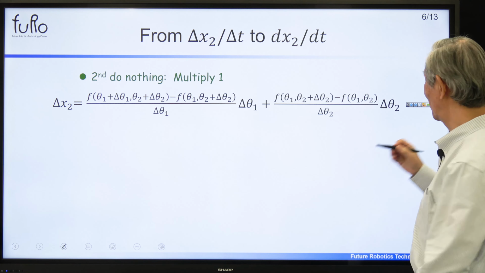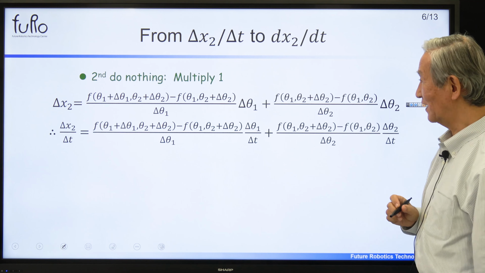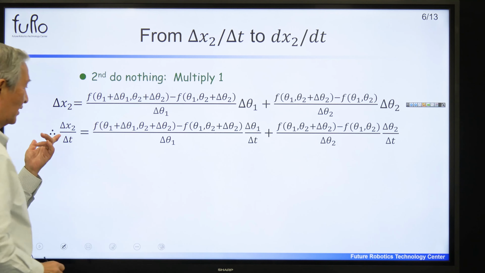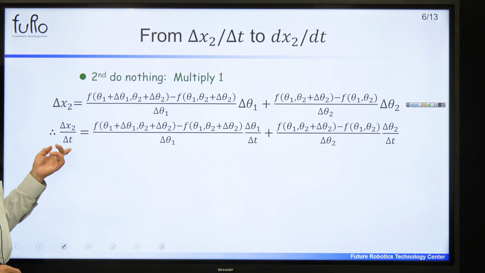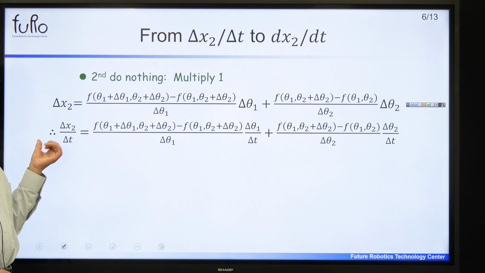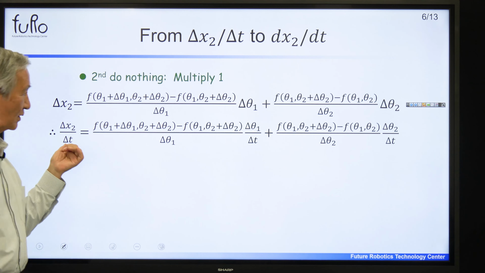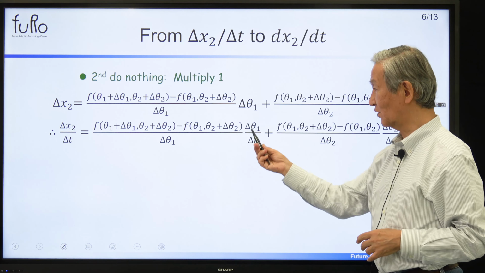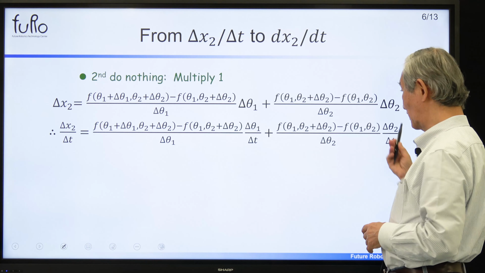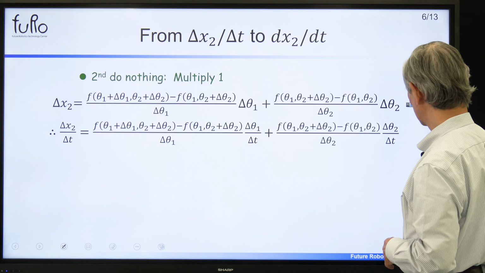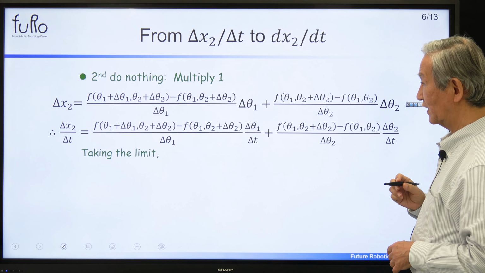Do nothing, right? Okay. And if I divide both sides by delta t, you have a ratio which can be used to compute the speed of x2. So delta t sits here and there, and it looks like those are the speeds of joint 1 and joint 2. Now, taking the limit.